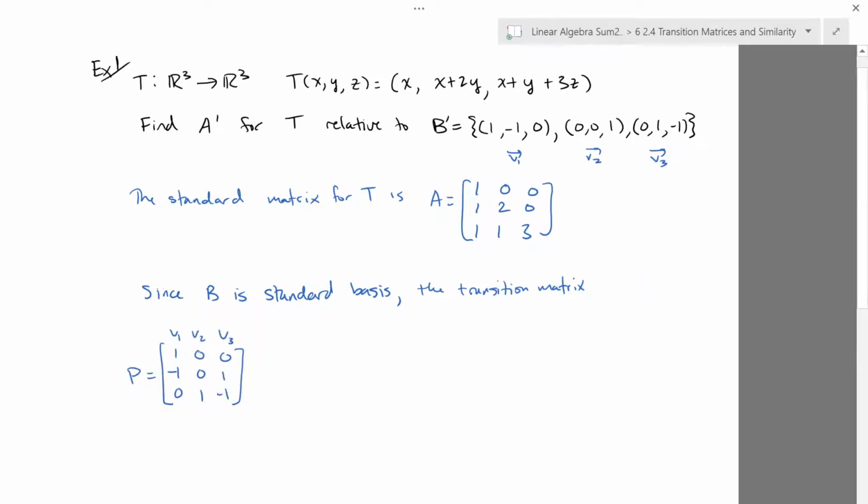Okay, so this is the transition matrix P, and then to save time, I put the matrix into the graphing calculator and then calculated P inverse this way.